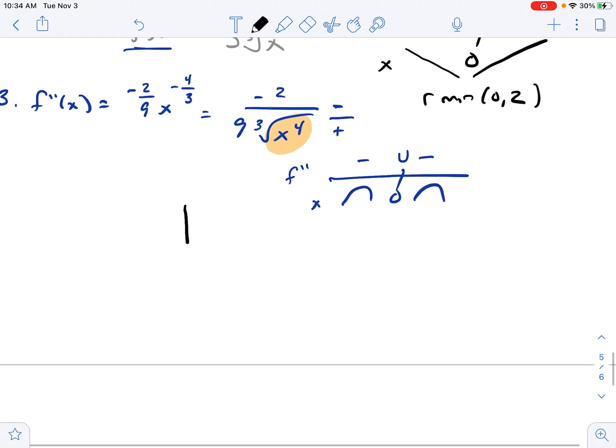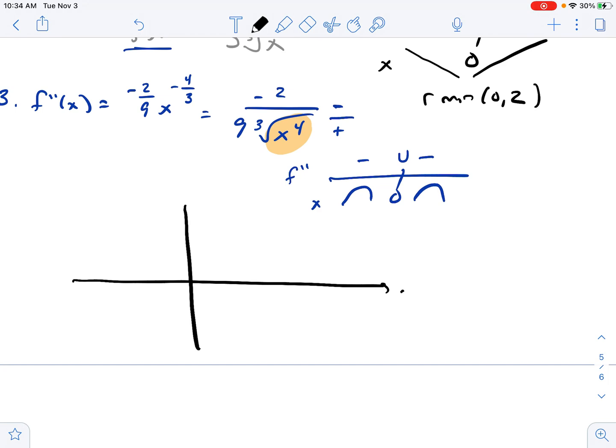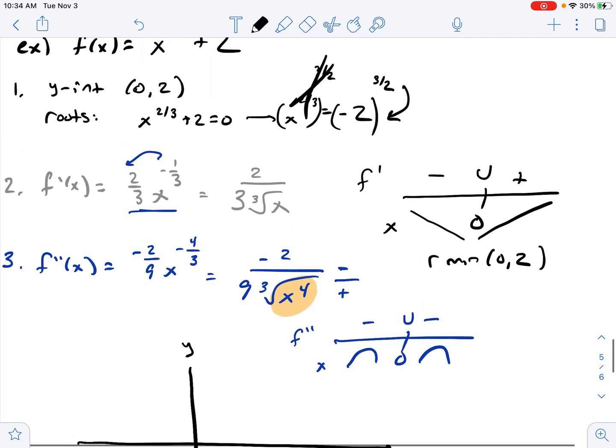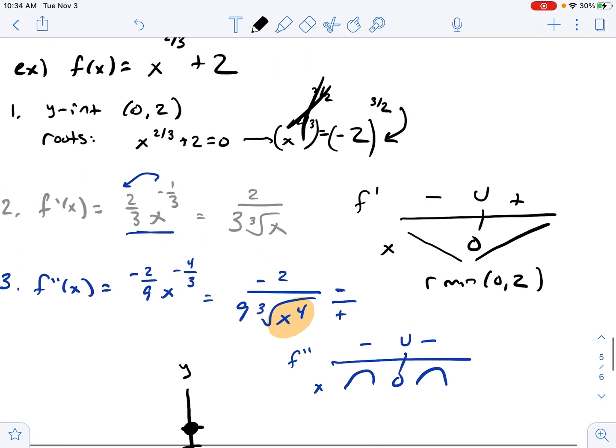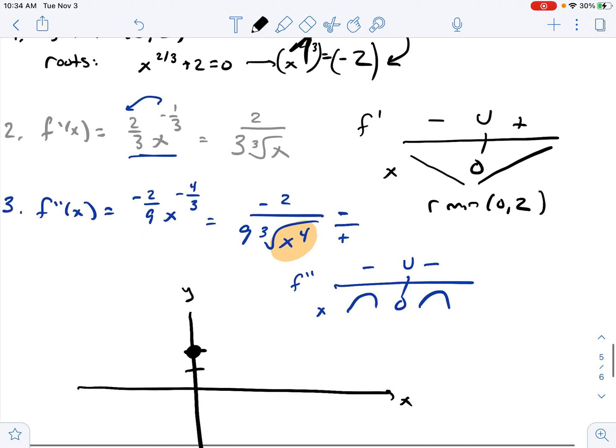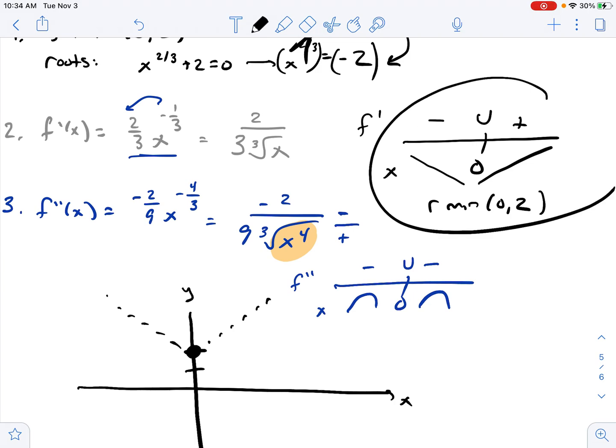Let's try to put the pieces together now and sketch this graph. So what do we have? We have the point 0, 2 as our y-intercept. To the left of 0, the function is decreasing. To the right of 0, it's increasing. That's this information. And now I'll apply concavity. It's always concave down.